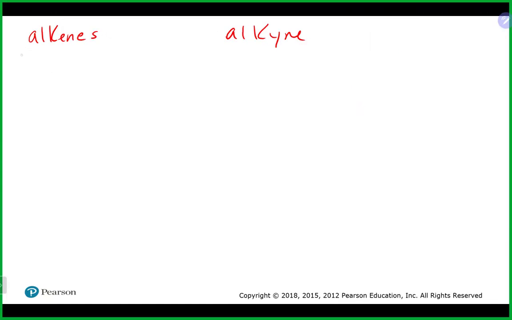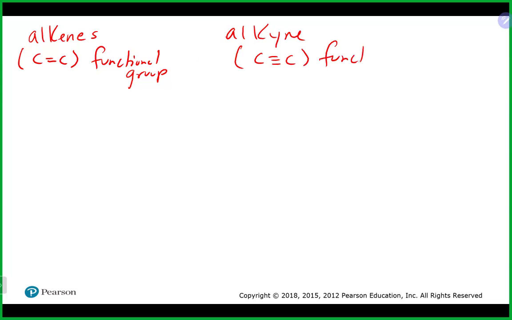So for alkenes, the functional group is a carbon-carbon double bond. For alkynes, it's a carbon-carbon triple bond. And for reference, as we've been talking about alkanes, they are the ones with carbon-carbon single bonds as their functional groups.